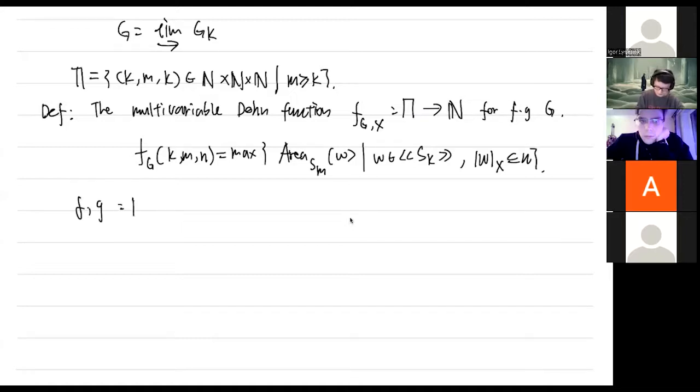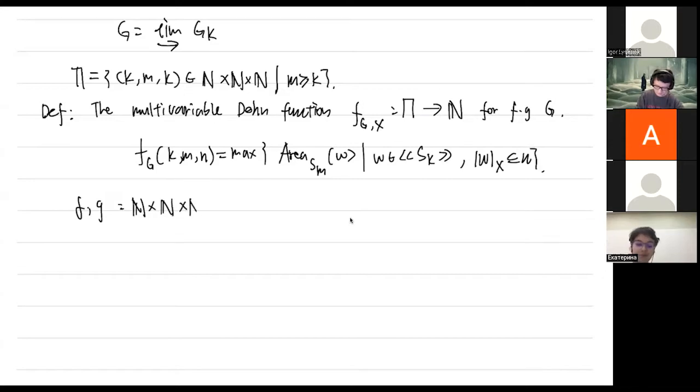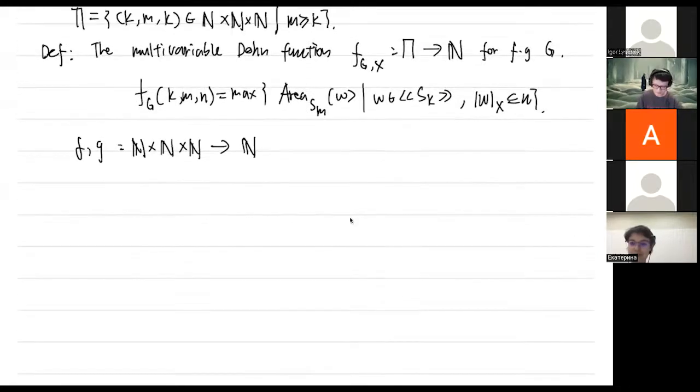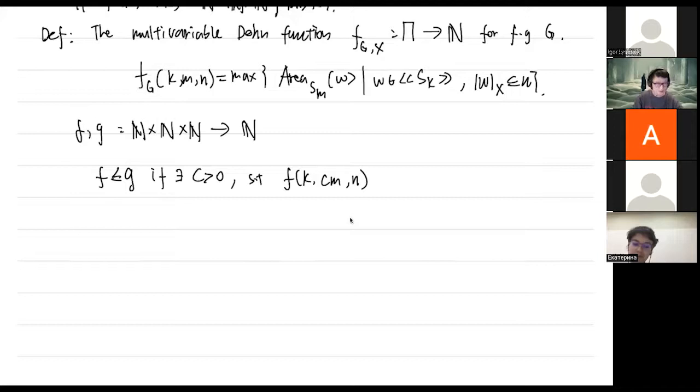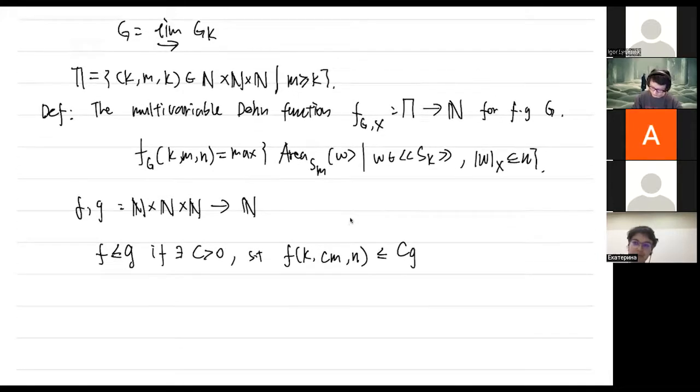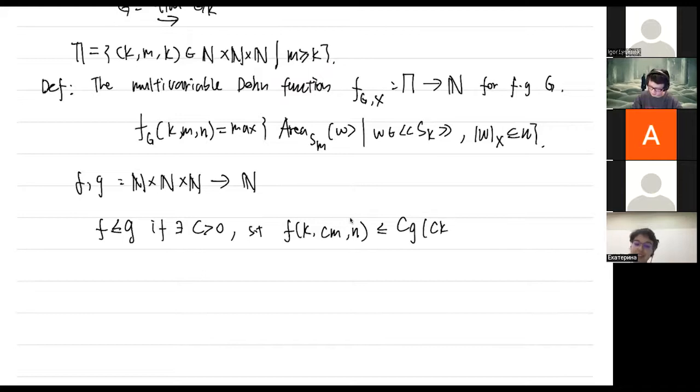So for two functions from triples of natural numbers, f is asymptotically bounded by G if there exists a positive constant c such that f(m, n, k) is bounded by G(cm, cn, ck) over m plus c times n over m plus c.